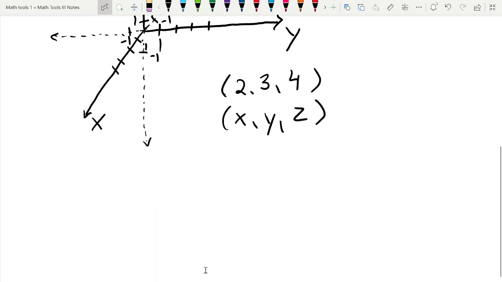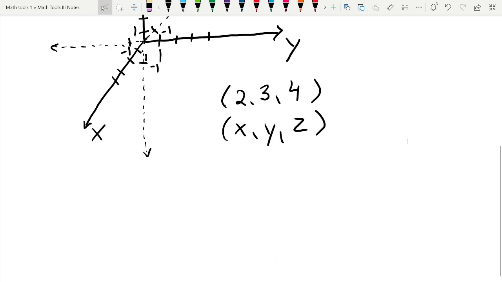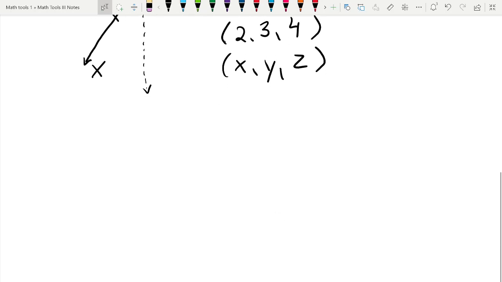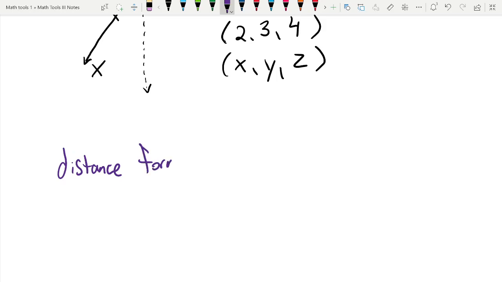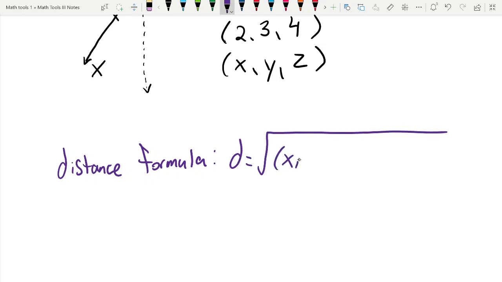Okay. It's pretty much exactly what you would expect. I won't go through the whole proof with the Pythagorean theorem and all that because it's a little bit more complicated in 3 dimensions, but it extends very naturally. Okay, so the distance formula with 3 dimensions here would be that the distance is equal to the square root of (x1 minus x2) squared plus (y1 minus y2) squared.